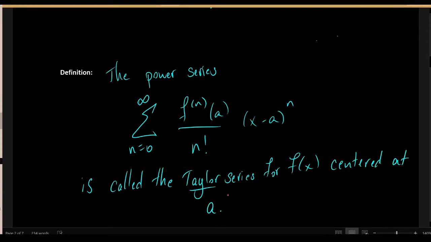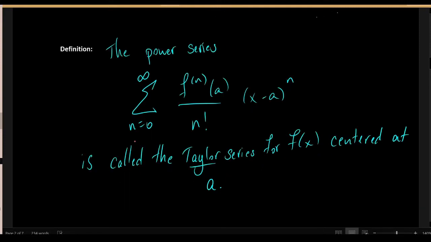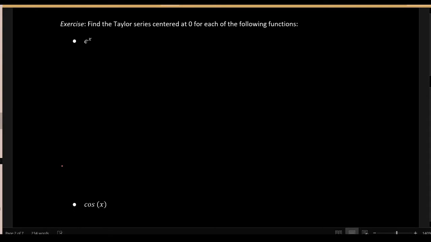So let's practice obtaining the Taylor series for a function at a given center. For example, they say find the Taylor series centered at 0 for each of the following functions. And to begin with, we have the function e to the power x.